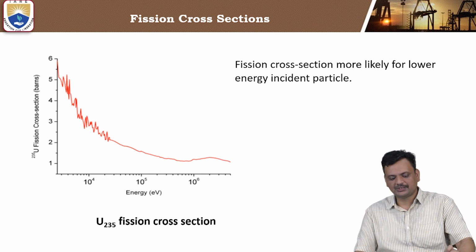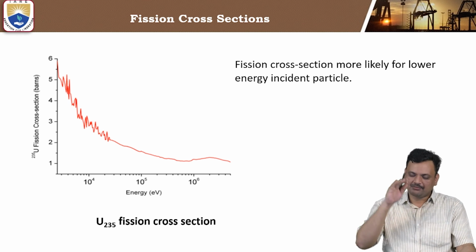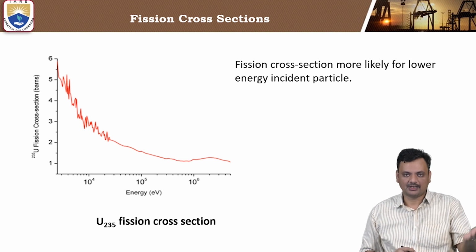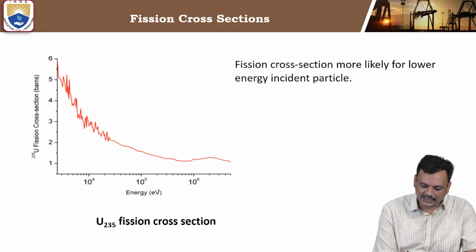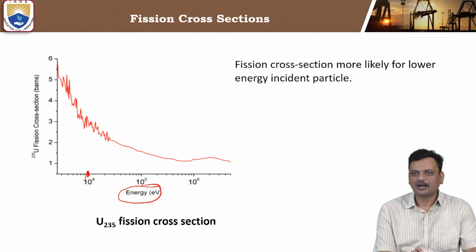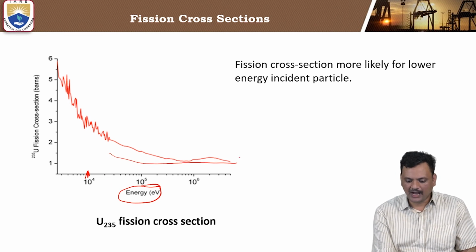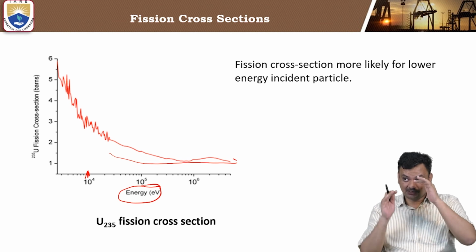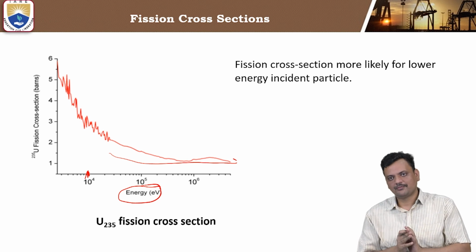Fission cross section means the probable area where fission may happen is larger when the incident neutron energy is low, and when the energy becomes high, the chances of fission become low.